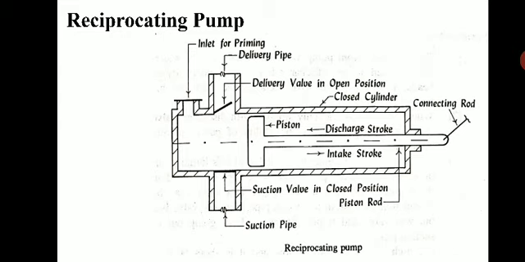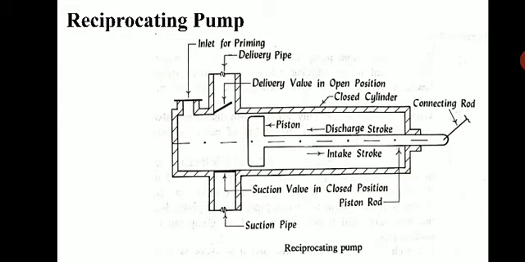The working of the reciprocating pump: in this type of pump, a piston or a plunger, you can see here in the image, moves inside a closed cylinder. On the intake stroke, the suction valve remains open and it allows water to come into the cylinder.